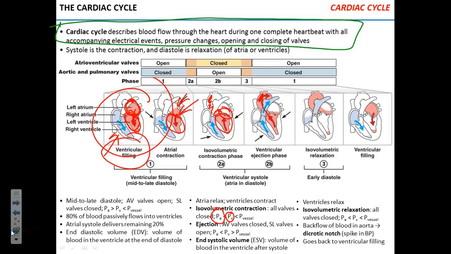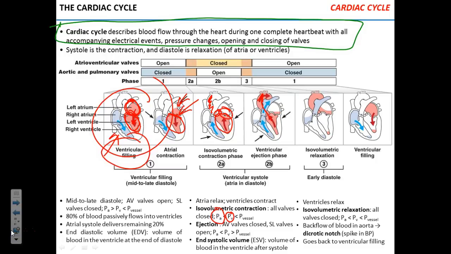And your question is, so the pulmonary circuit has lower resistance, lower pressure. But in terms of pressure relationships, on the right side it's going to be all the same.